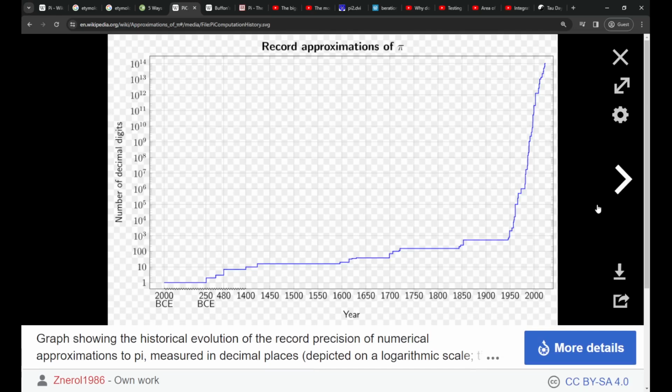The y-axis is a logarithmic scale, and the x-axis up to 1400 AD is not to scale. It would be nice if the x-axis at least was scaled properly. So 10 to the 14th. Logarithmic scales, rather than linear, are kind of hard for us to comprehend because it gets so big that we don't think logarithmically, naturally at least, in my opinion. But that's fascinating.